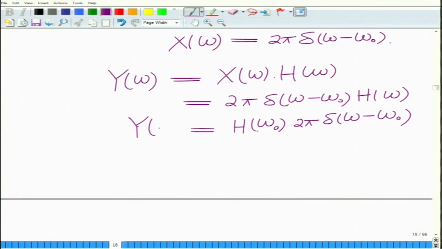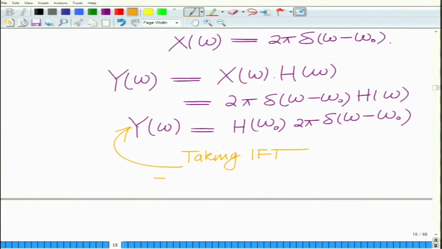And now, if you take the inverse Fourier transform, you can simply see Y of omega is a scaled version of the impulse shifted by omega naught.